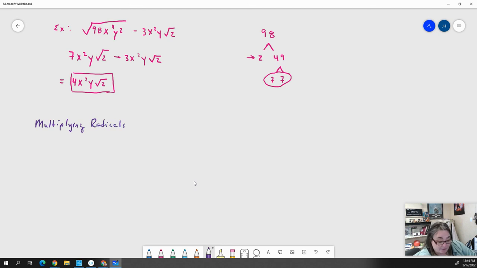When we're multiplying radicals, step number one is we want to multiply the coefficients. And then use the property rule.